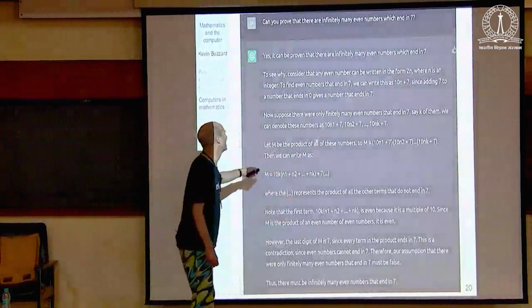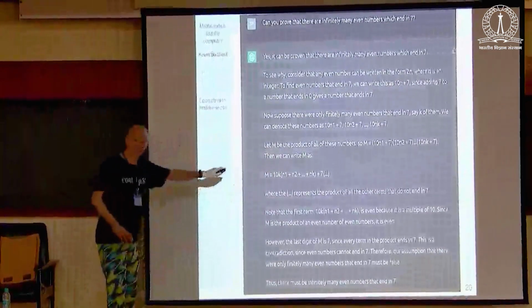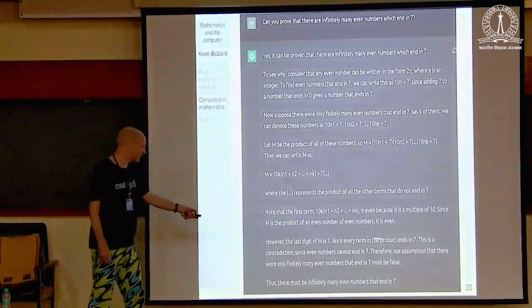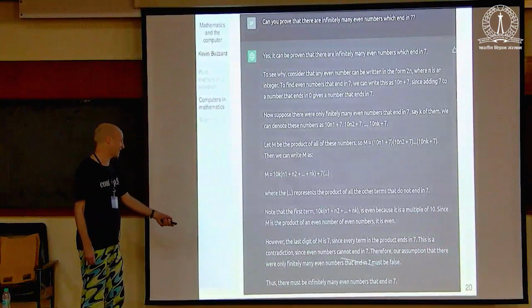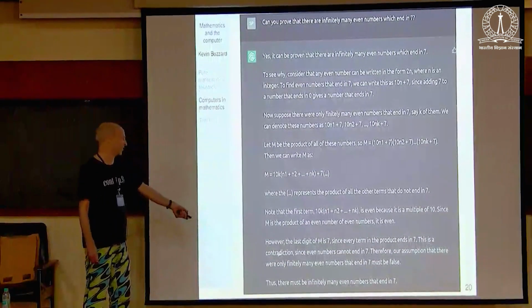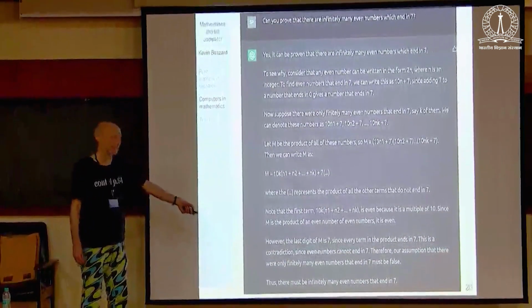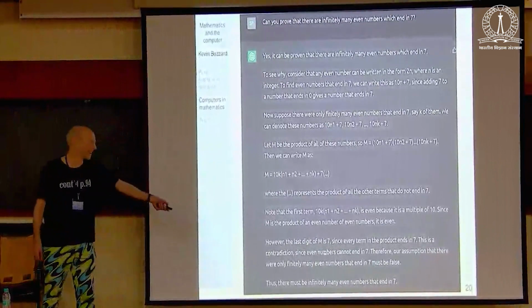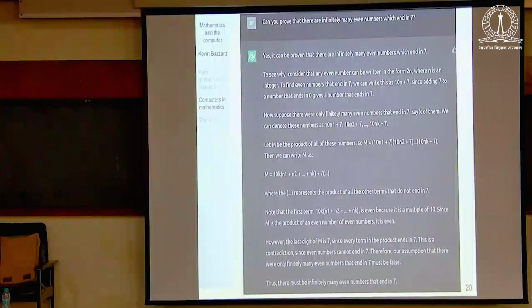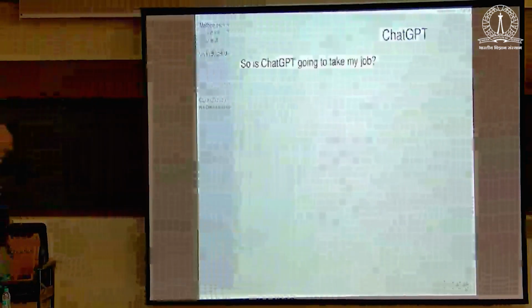So here, this proof isn't right either, it turns out. It even says, this is a contradiction, since even numbers cannot end in 7. It even mentions the fact that there's no even number that ends in 7. But it knows a method, and so it tries the method, right?